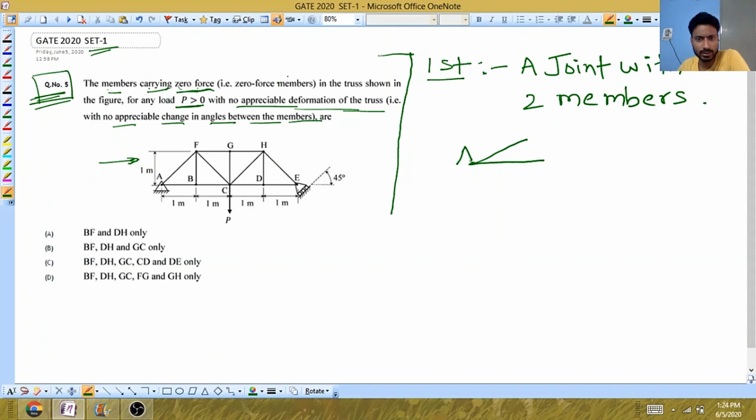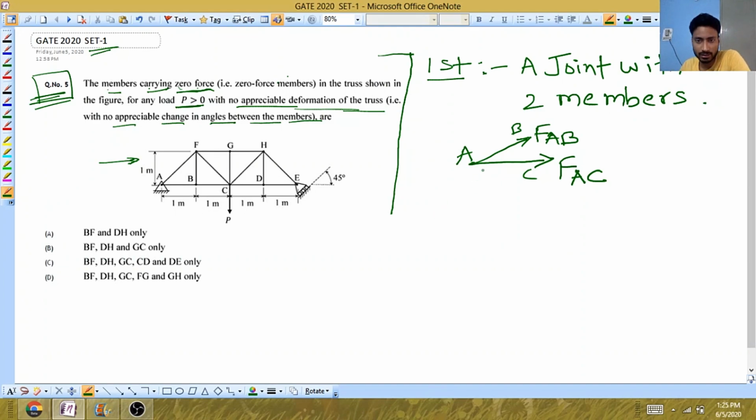Suppose this point is A, this force is FAB, and this force is FAC. Then what does this concept say?